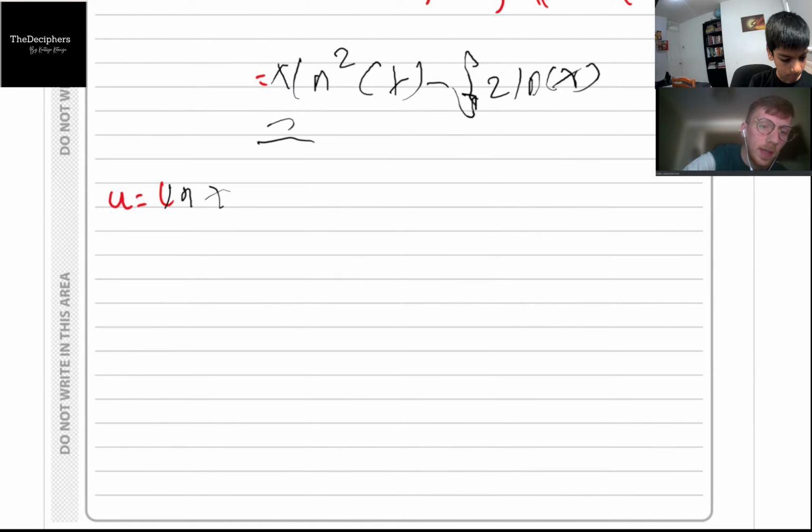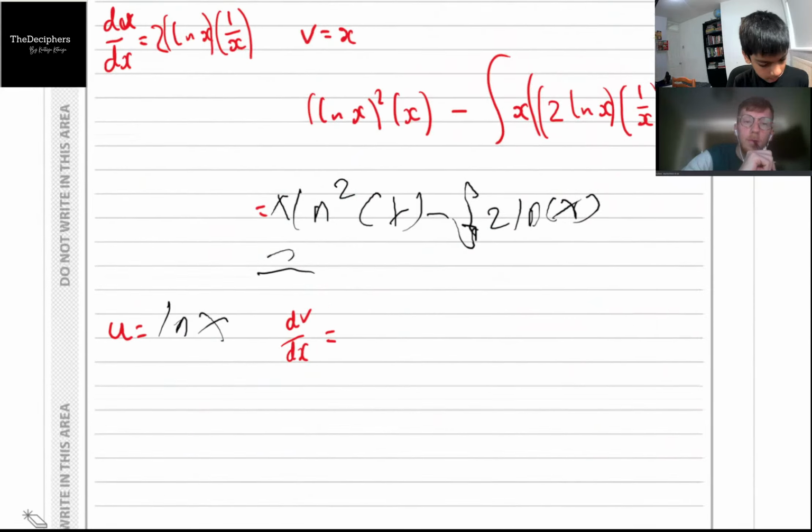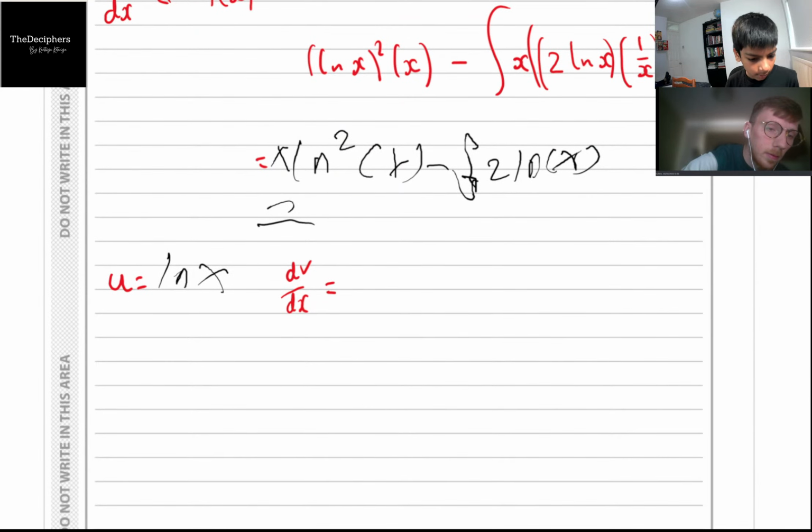What are we going to set as dv dx? So dv dx is 2x. I mean just 2. Just 2, good. And then I want you to differentiate u and integrate dv dx.